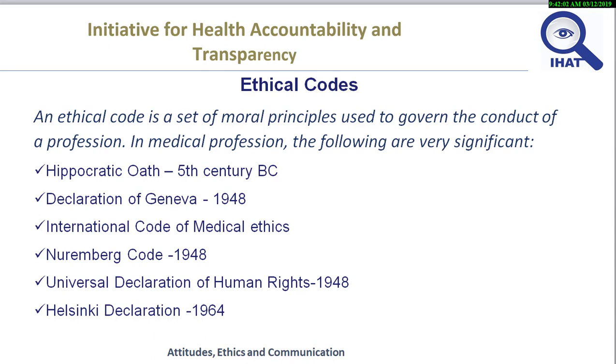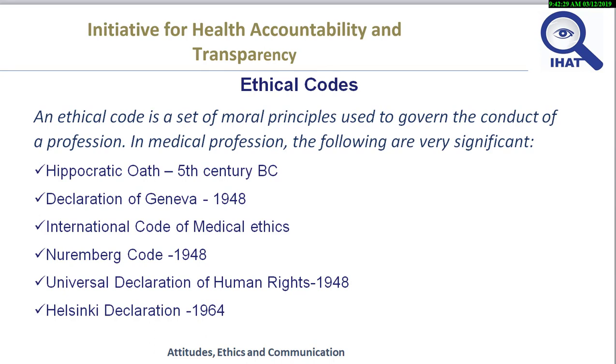What are ethical codes? An ethical code is a set of moral principles used to govern the conduct of a profession. In the medical profession, there are quite a number of them. The significant ones include, first and foremost, the one every doctor is mostly familiar with, the Hippocratic Oath.